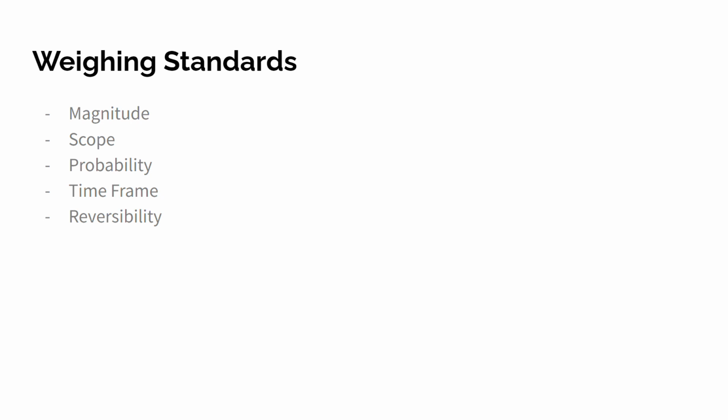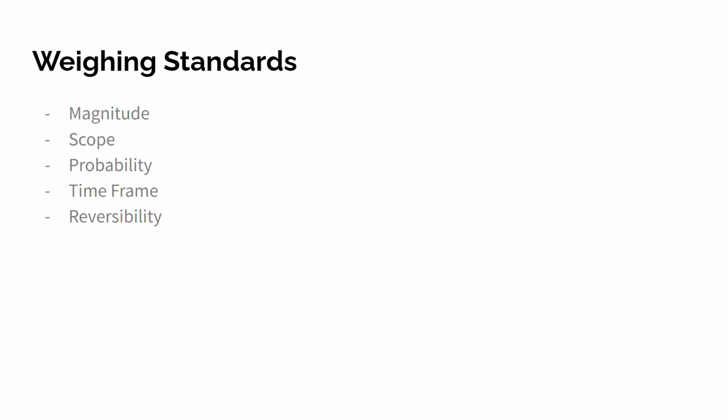Obviously, we get paper cuts on a much more common basis, and it's much more probable to get a paper cut than an asteroid hitting Earth, right? An asteroid hitting Earth would be very improbable, which means that it would be less in terms of probability in that weighing metric. So that's a way to determine which impact matters more based on the probability of it happening.